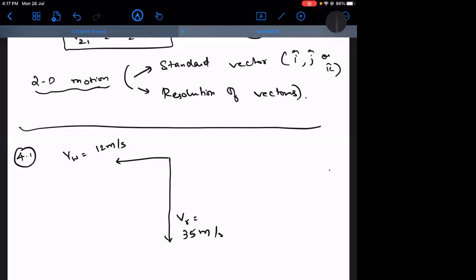Now, according to these two, at this point, how will the resultant be? The resultant is going to be a diagonal passing through the common tail of these two because it forms a rectangle. They are rectangular components.